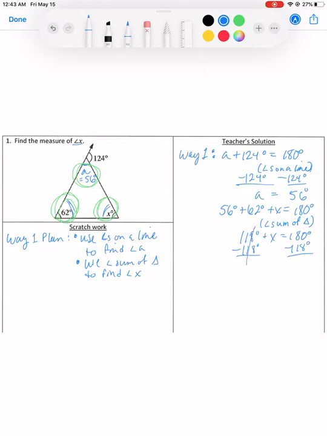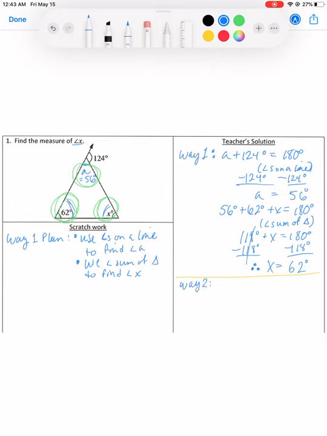Those will cancel. X is going to equal 10 minus 8 is 2. 7 minus 1 is 6. 62 degrees. Okay, so this is way number 1. So I'm going to draw a dividing line. We'll do way number 2 down here.